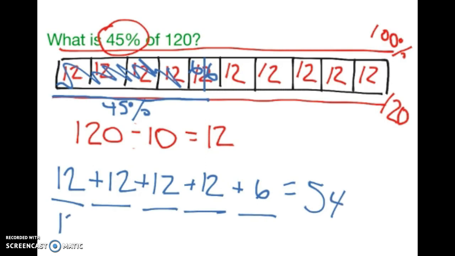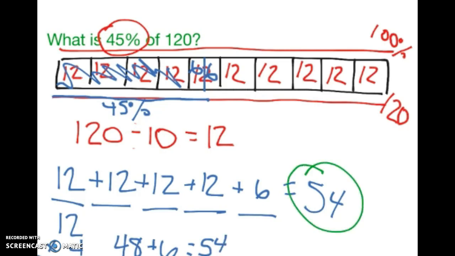You can also do 12 times 4 to help you, which would be 48, and then you could do 48 plus 6 to get your 54. So 54 is 45% of 120.